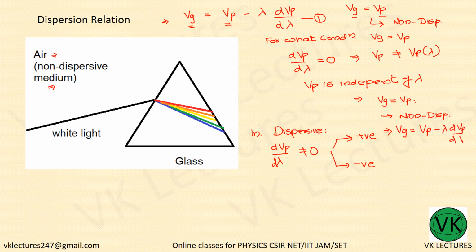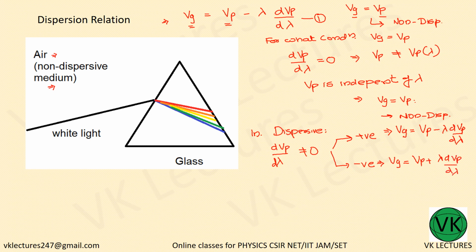This will be the equation. Now if dVp by d lambda is negative, that means less than 0, Vg can be written as Vp plus lambda dVp by d lambda.